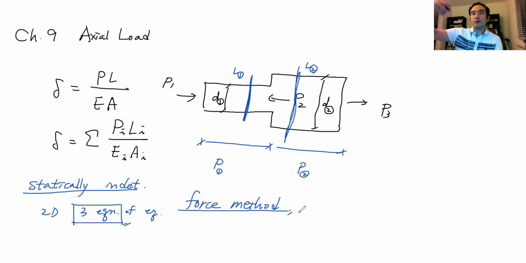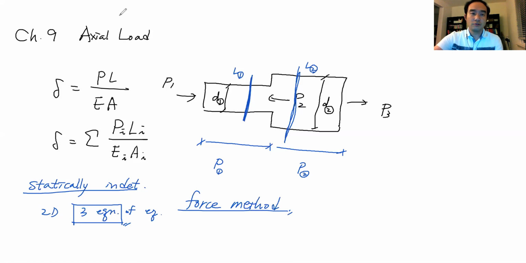We remove the one unknown force, break it into 2 statically determinate systems, find the expressions of the deformations, and then set up what we call the compatibility equation. That equation serves as an additional equation, in addition to the 3 equations of equilibrium.